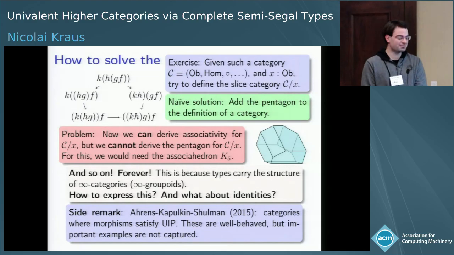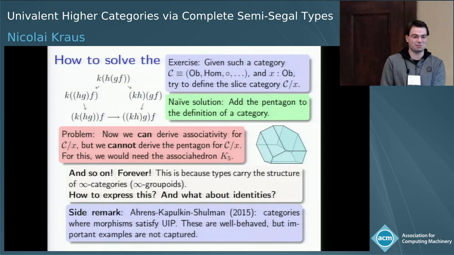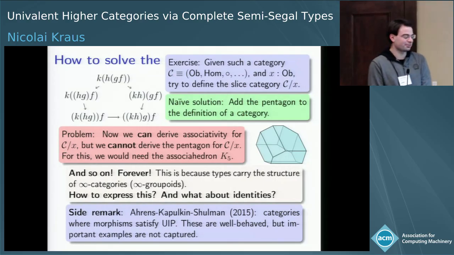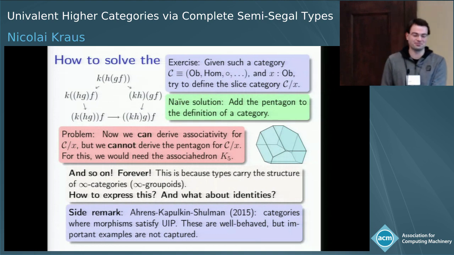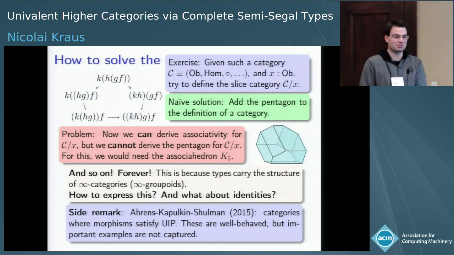And these are well behaved, and you can do a lot of normal category theory, but also they don't capture many examples. So for example, take the universe of types and functions. This should be a category, right? But unfortunately, if you make this restriction, it's not a category. Yeah. So our goal is to find some more general definition of higher categories which capture more naturally occurring examples in type theory.